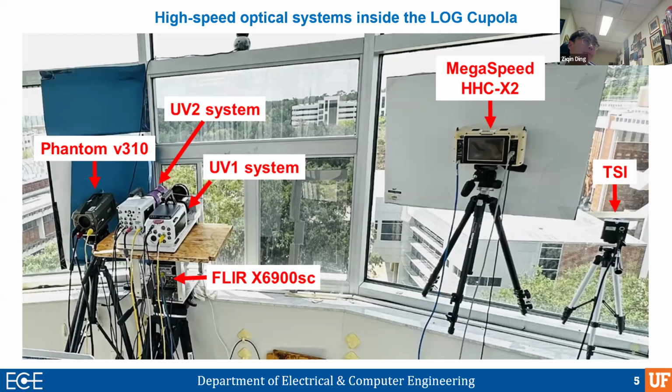But anyway, we made it possible. Also, the lab is like a greenhouse in summer in Florida. It's 90 degrees Fahrenheit inside. So you really have to think about how to cool the entire system down to an ideal level.